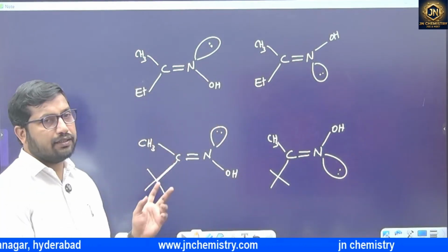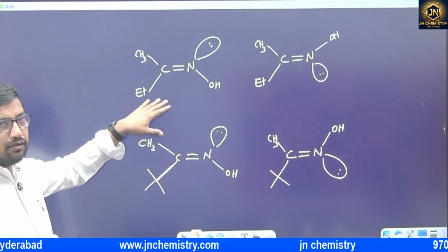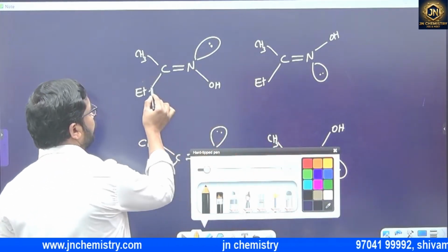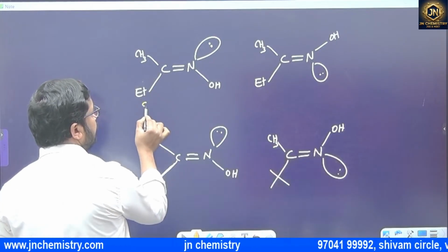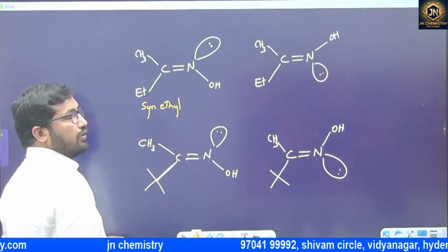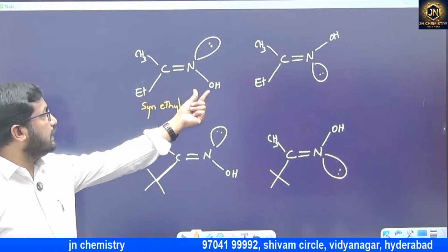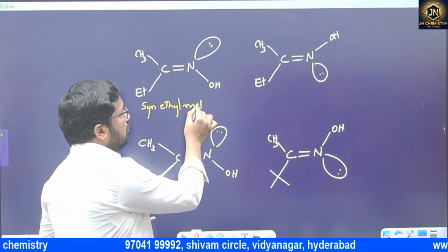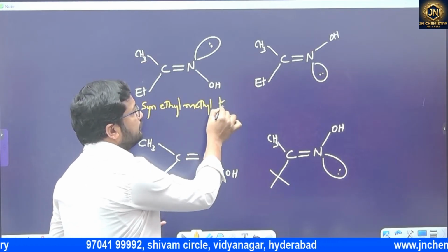You'll get the clarity right now. So the first one I'll tell you, the remaining ones you have to tell, okay? So the first one, this is syn ethyl methyl ketoxime.